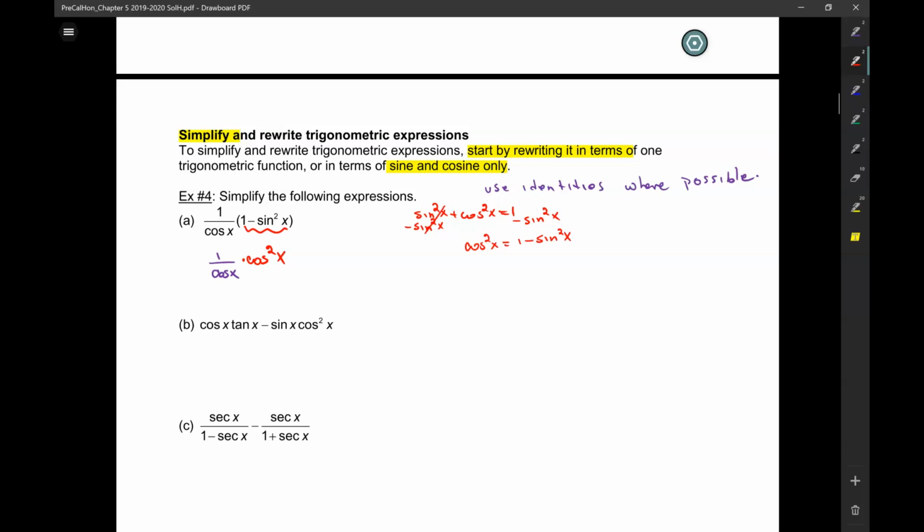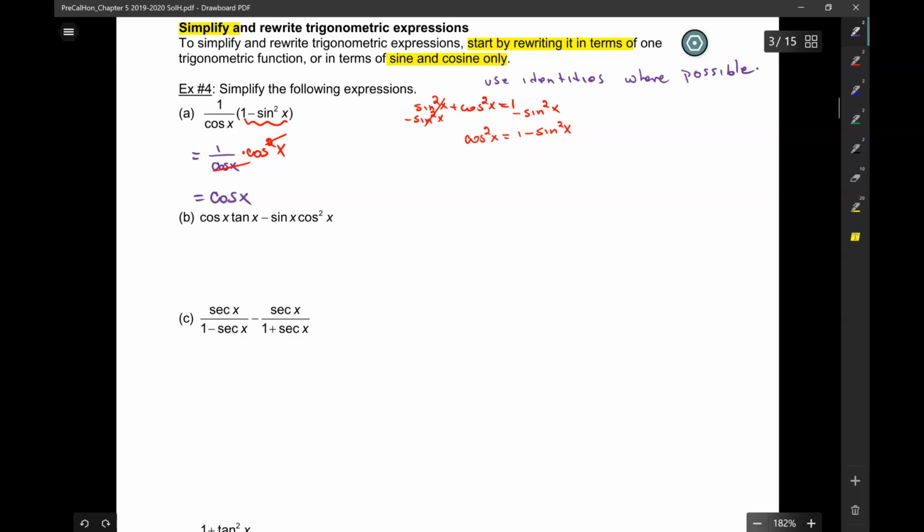That's cosine times cosine, so I can cancel out one cosine from here and from here, and the answer is just cosine x. You can't cancel the cosine of x like it's a factor, because cosine of x is one entity. It's like if you had x plus 1 over x, you couldn't cancel out the x's. So that's one strategy, using a Pythagorean identity.